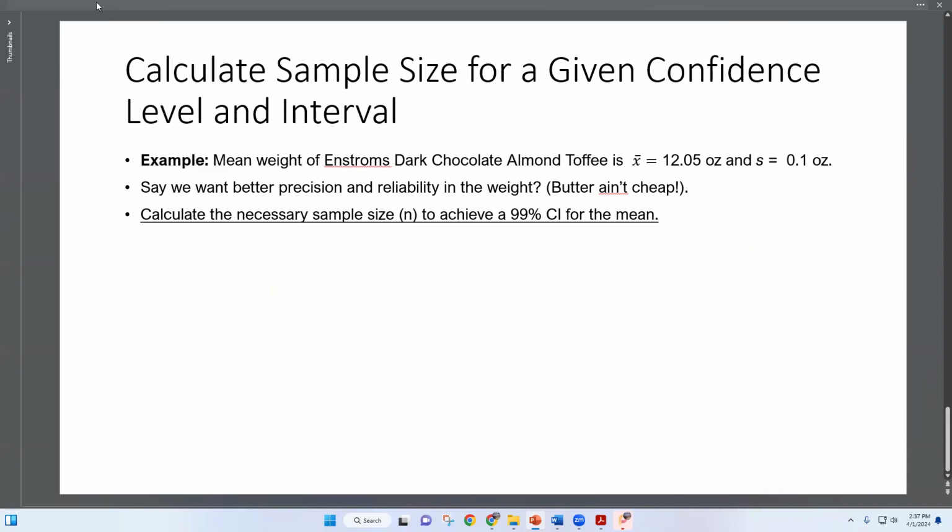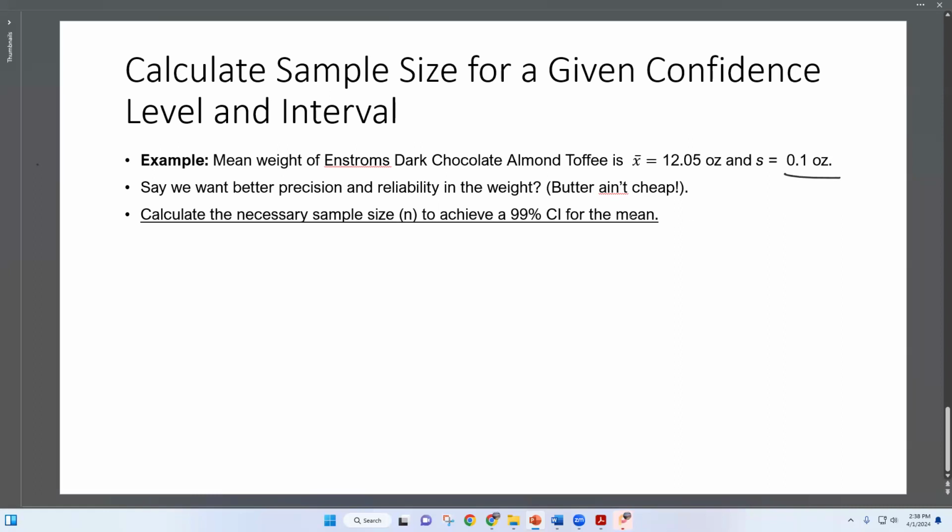So in this case, we're going to go to Enstrom's Toffee here in town, and they sell a nice almond toffee, chocolate covered 12-ounce box. So the mean value is just a little bit over 12 ounces of the weight of the toffee that they put in there. And here is the standard deviation, not standard error, in ounces.